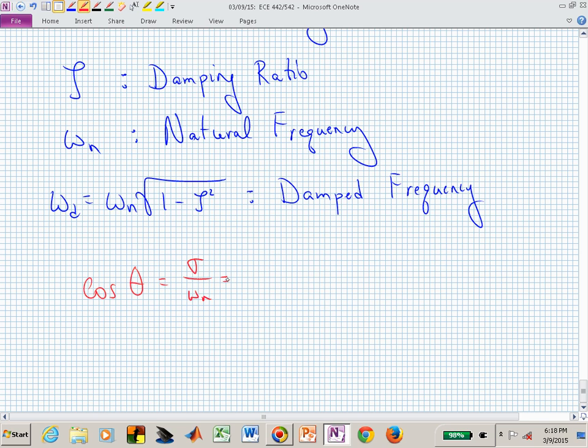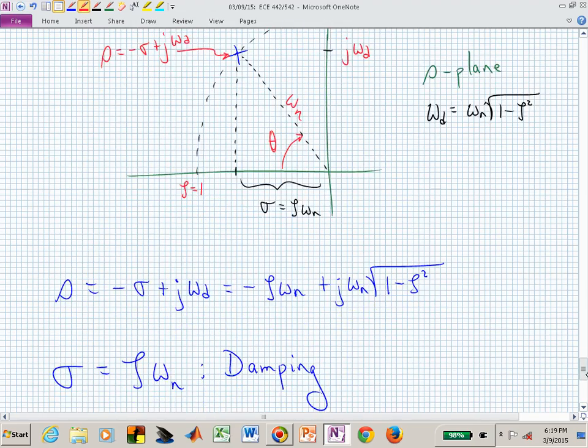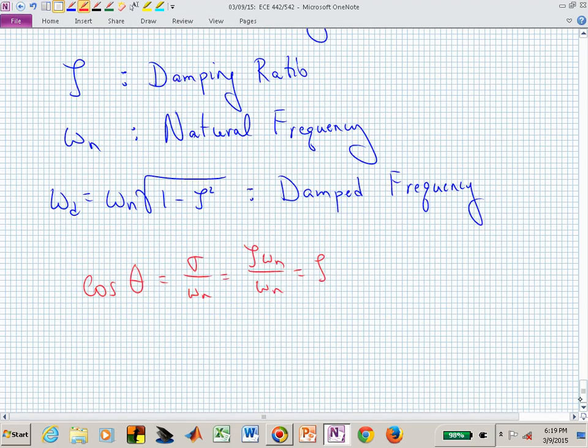But sigma is just zeta omega sub n. So zeta is equal to the cosine of theta. If you measured that angle theta, you could then compute your damping ratio, or if you had zeta, you could find theta by doing the inverse cosine of zeta. And that's now how these are all interrelated.